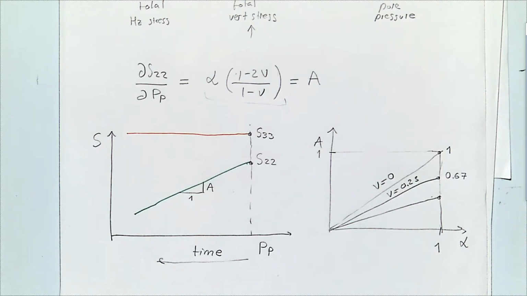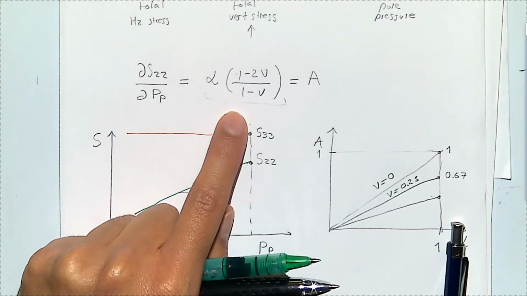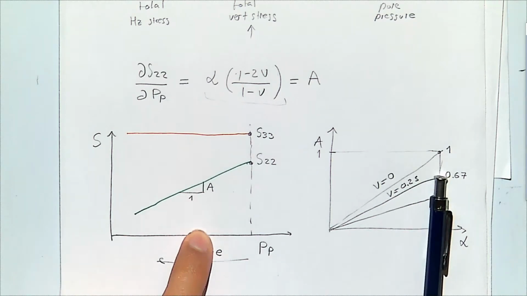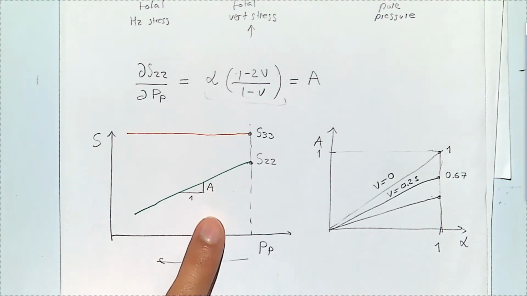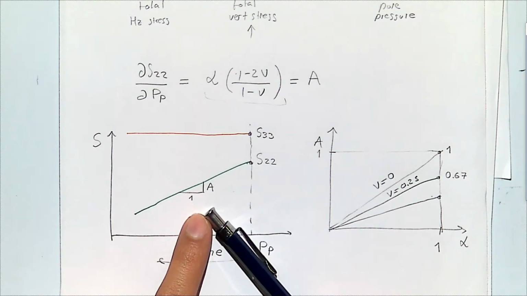All right. So the message here is that if you have a very small Biot coefficient, a very small Poisson ratio, that means that when you deplete, your horizontal stress is going to go down very quickly. Why?